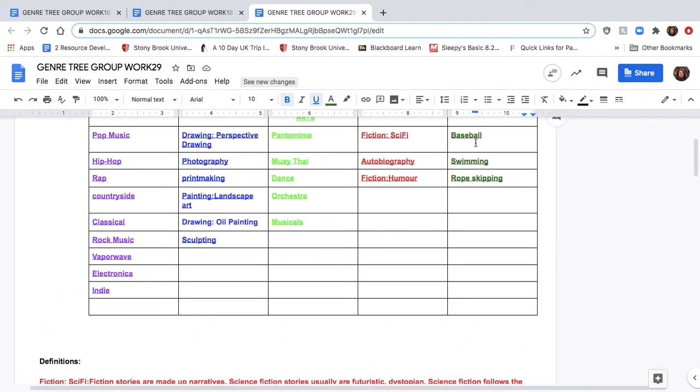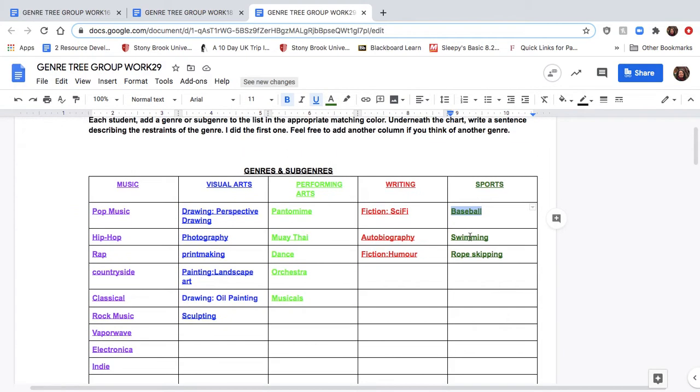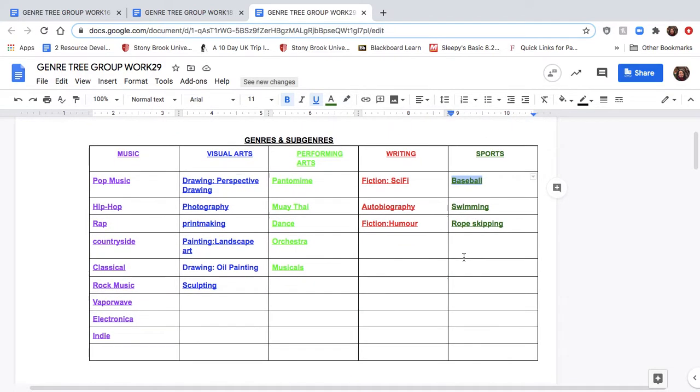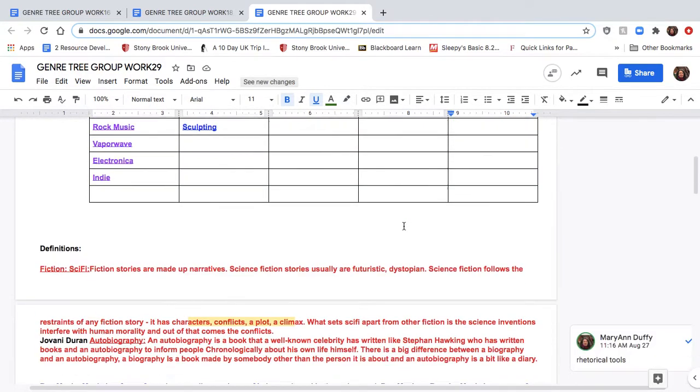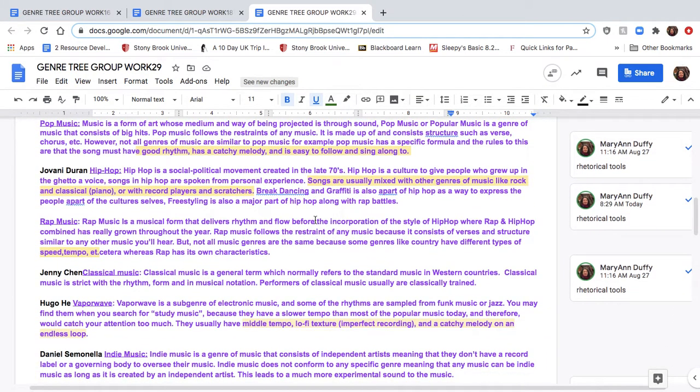I suppose you could say that a good baseball player might have some swag as they swing the bat, but it's really more based on skills in accomplishing a physical feat rather than persuading the audience of what you're trying to explain to them. So let's look at some of the other ones here.